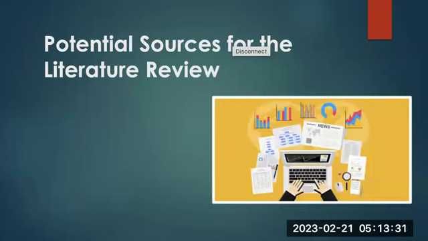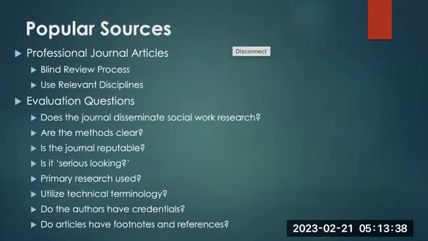So now let's discuss what are some potential sources for a literature review. Some popular sources include professional journal articles, and these are one of the stronger sources because they normally have been blindly reviewed.